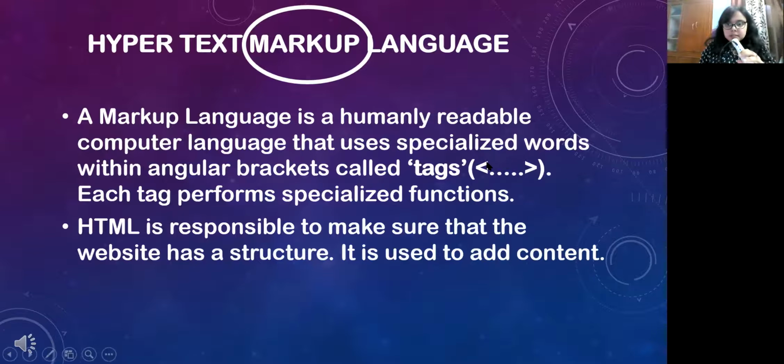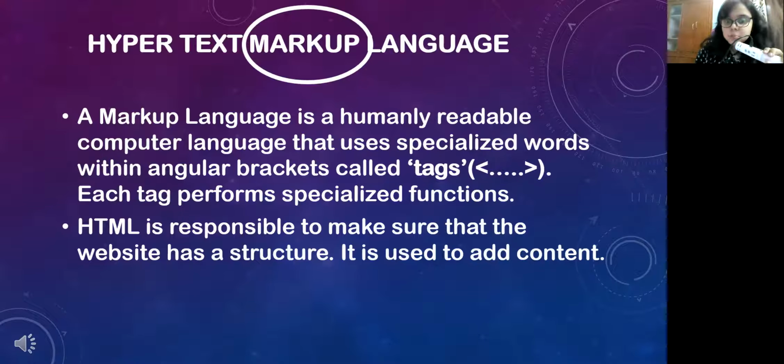So angular braces are braces that look like these, and within these we have some text. Now this text that is enclosed within the braces actually has a fixed cause, and it is going to contribute towards the structure of the web page or the website. This means that it is used to enhance, not only enhance, but to build the entire structure of the document.